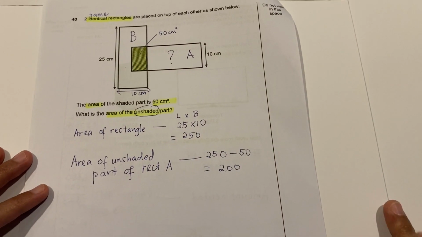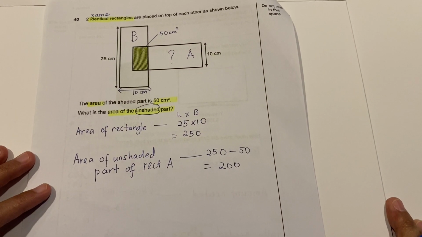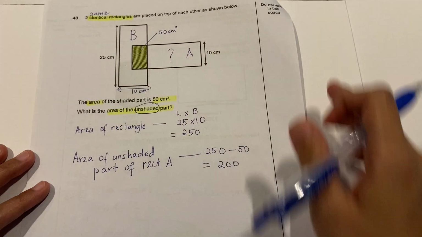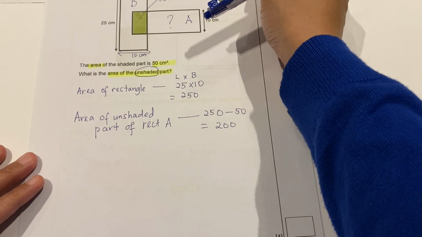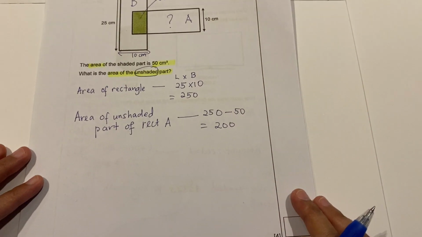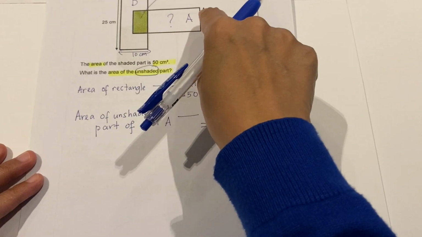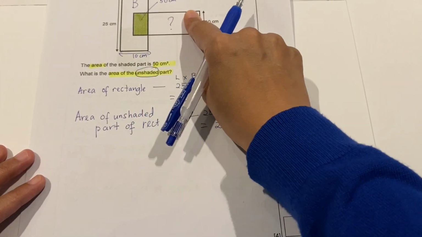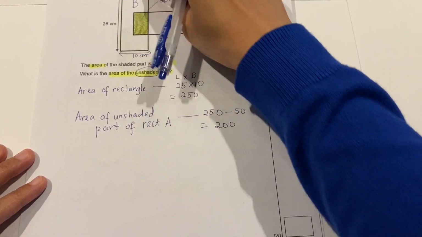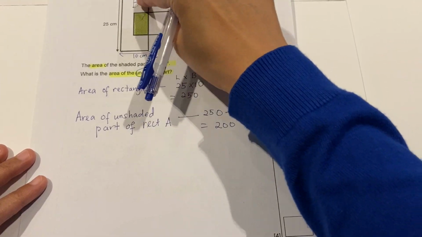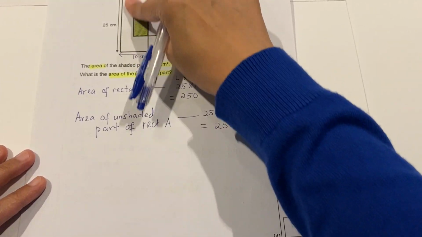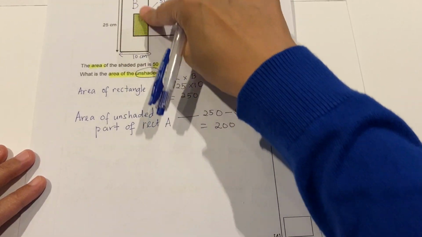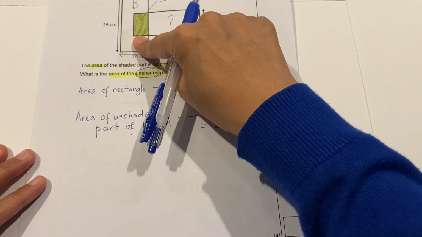So you already found one area of unshaded, and that is rectangle A. So now moving on. Now if you look at rectangle B, the whole area is the same as this rectangle because they are similar. So this whole rectangle B is also 250.